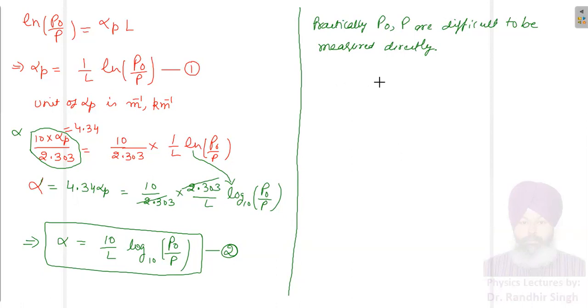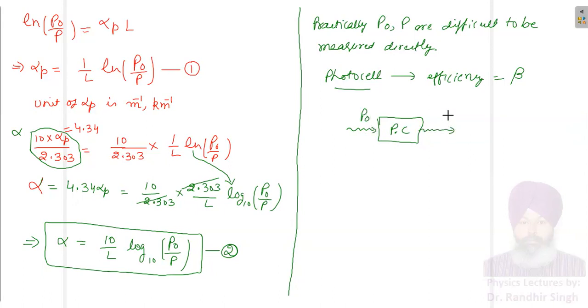Suppose I use a photocell. Let us say the efficiency of the photocell is beta. I am using the same photocell at the input and output. PC stands for photocell. Suppose the input power is P0 here, and the corresponding electric power.